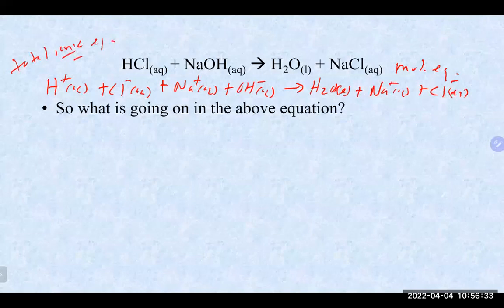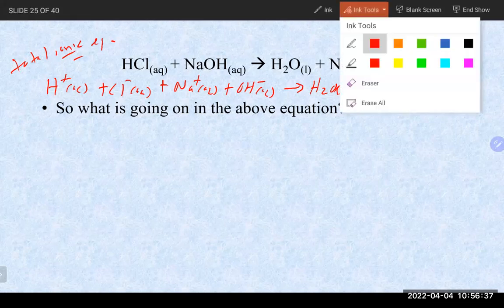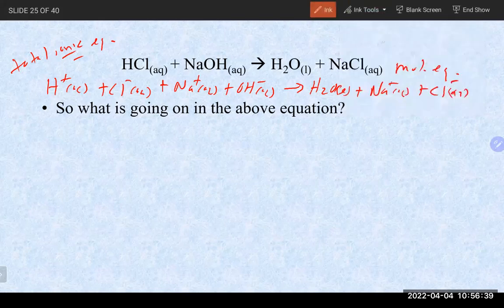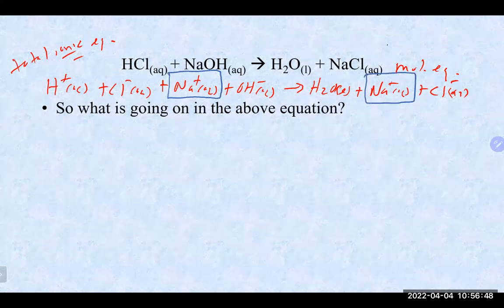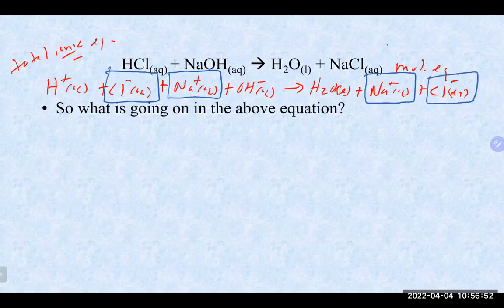Remember that when we look at our total ionic equation, we should be able to find our spectator ions. In this case, the spectator ions are which ones? They are the sodium, as it looks exactly the same on both sides, and the chloride. They are really the salt part.